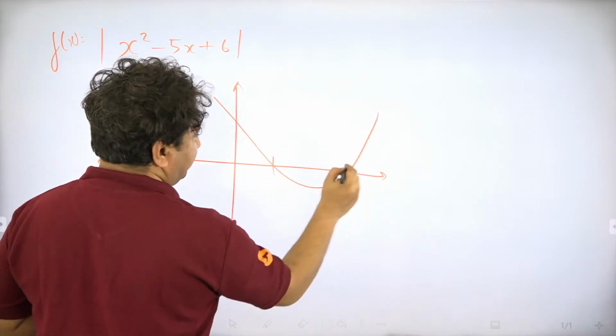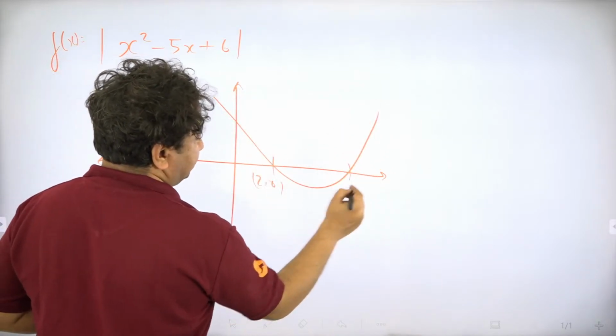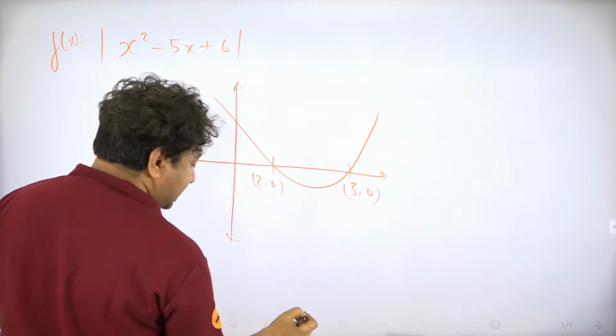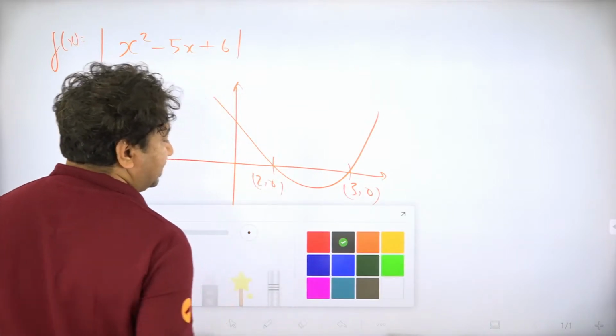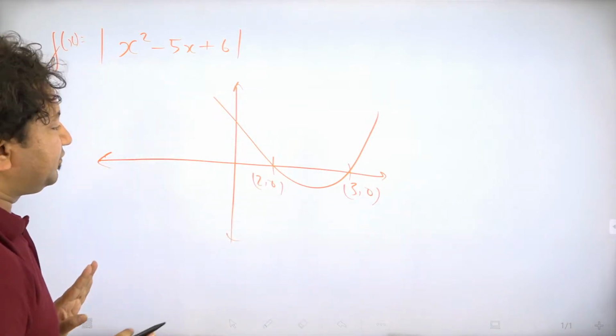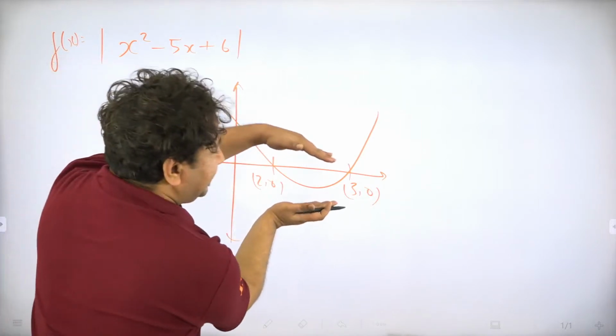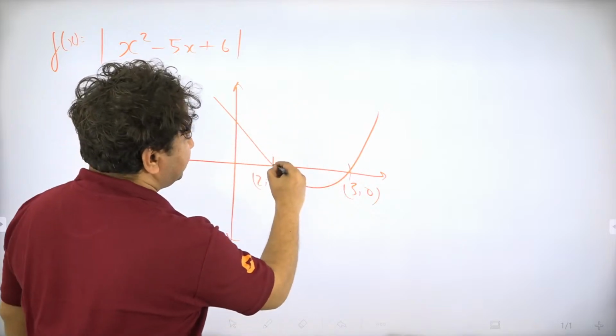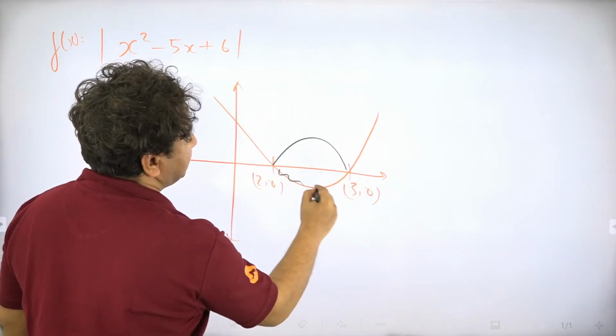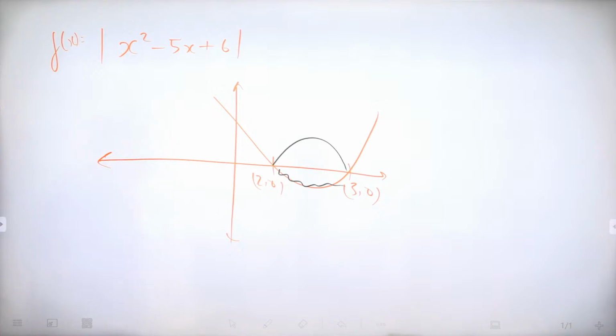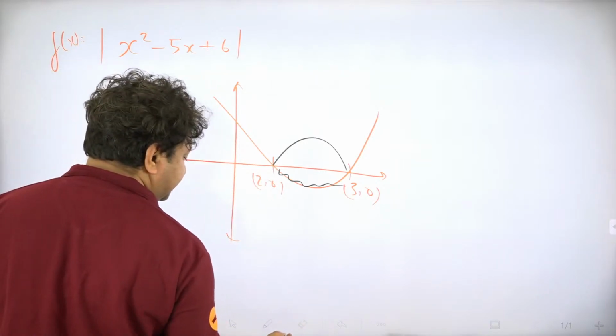This is how the graph would have looked if it was without modulus. The moment we put a modulus, whatever is positive remains positive, whatever is negative transforms into positive in the same fashion. This becomes like this, and this whole part goes away. This will be the graph for modulus. So whenever you have a modulus, always try to transform the negative to the positive.